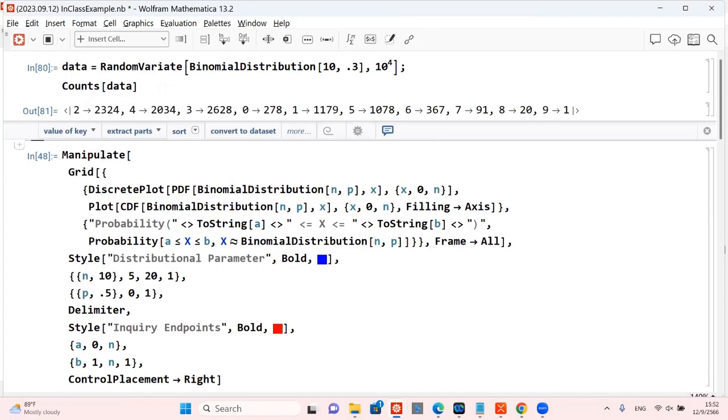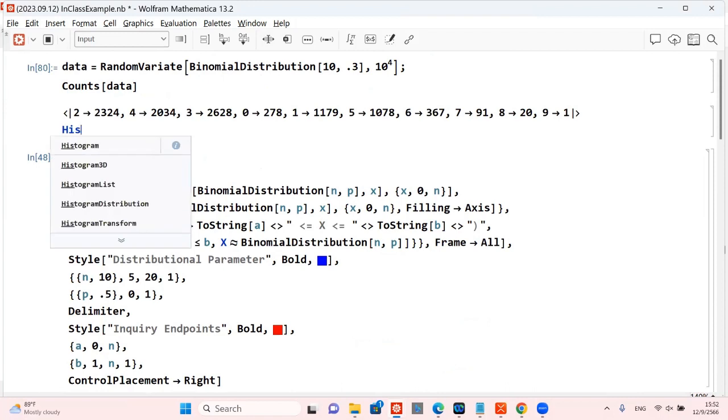For 9, there's only 1 nine. Look. Of those 10,000 cases, how many 9s do I have? There's only 1 nine. Actually, there's no 10. Oh, there's 10? No, there isn't 10. There's 0.